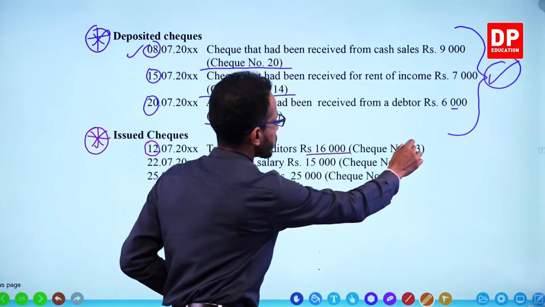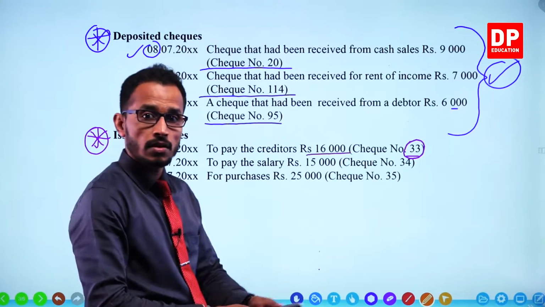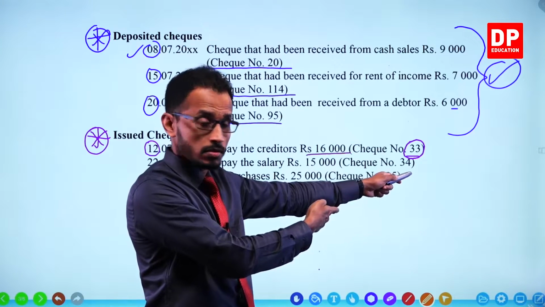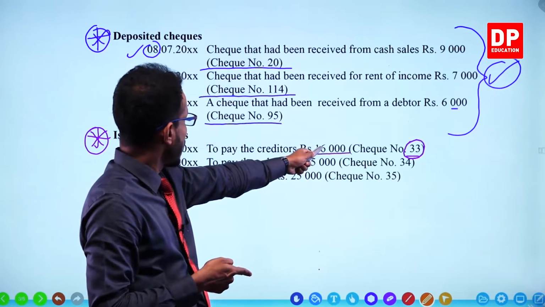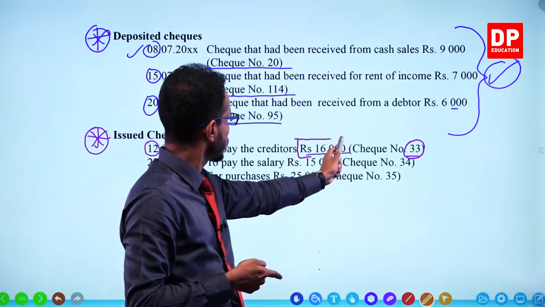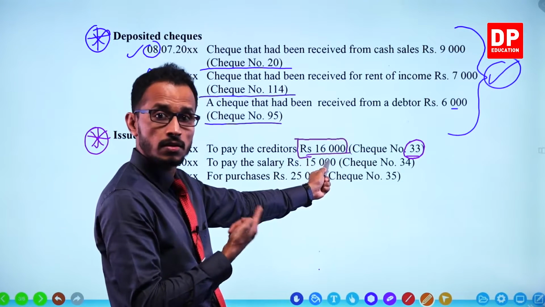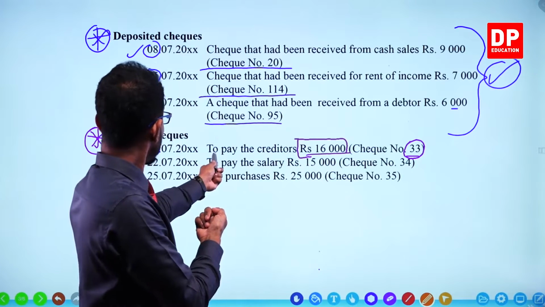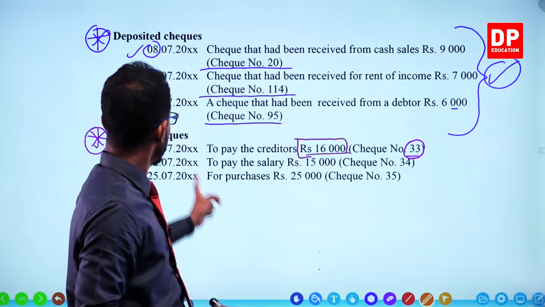Check number 33, children. Pay attention. Check number 33. Amount is 16,000. Paid a creditor. 12th.